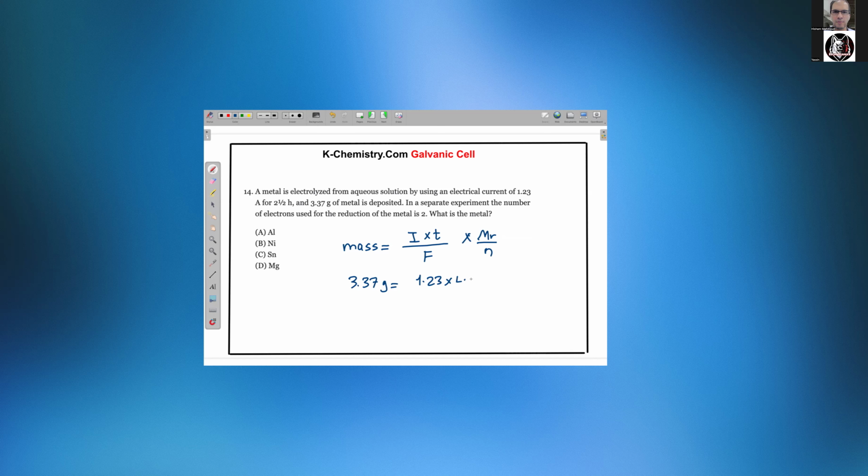The hours I have to change into seconds, so 2.5 times 60 times 60, and then divided by F, which is 96500 or 96485 if given. The Mr is required, and n is 2 electrons. So what will be the Mr? 58.7, which is the molar mass from the periodic table.